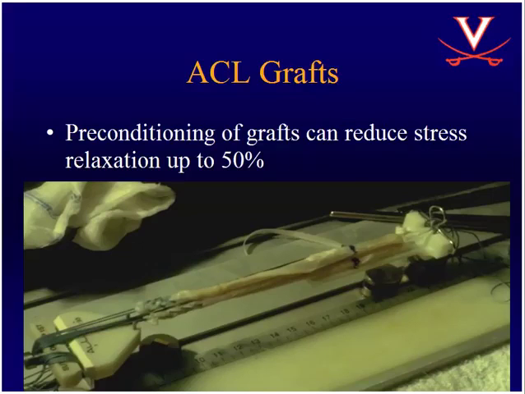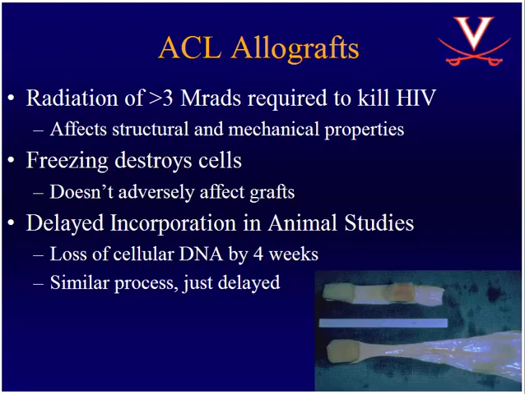The other thing that's clear is preconditioning of grafts, regardless of graft choice, can reduce stress relaxation, in fact, up to 50%. And that's why we have these various commercially available graft boards. If you use allografts, you have the risk of disease transmission, bacterial transmission. You can reduce that by processing your allografts. One way to do it is to radiate it.